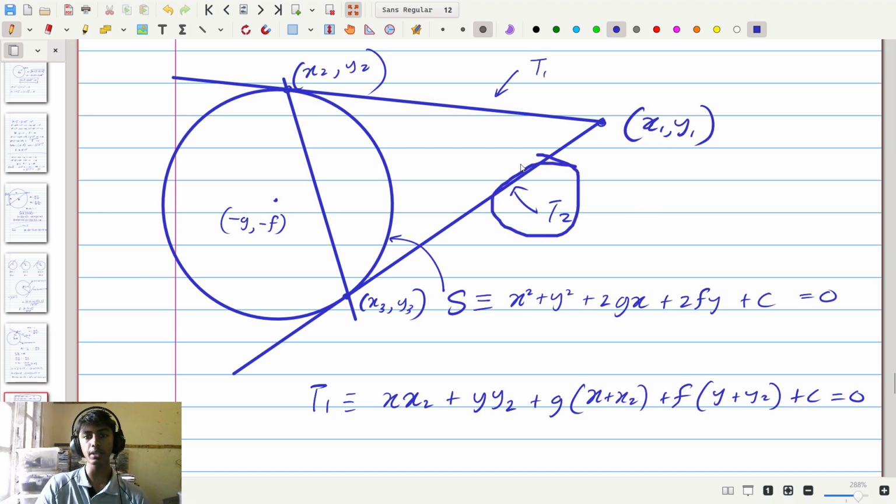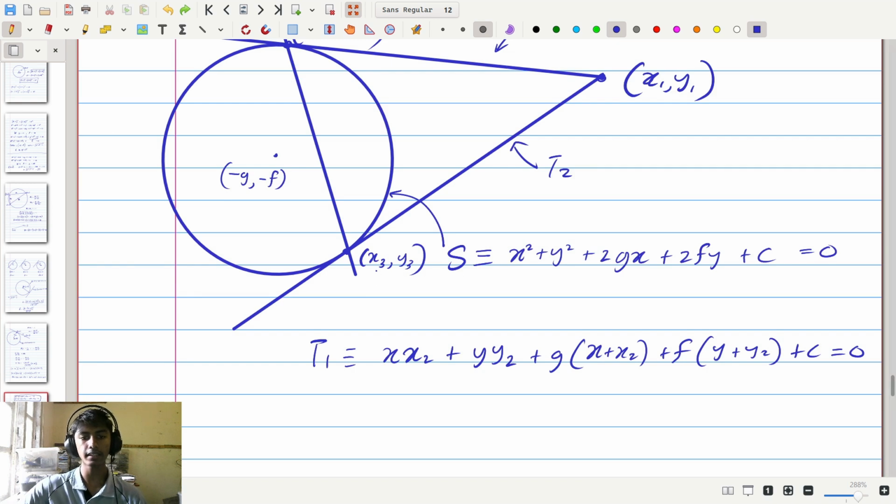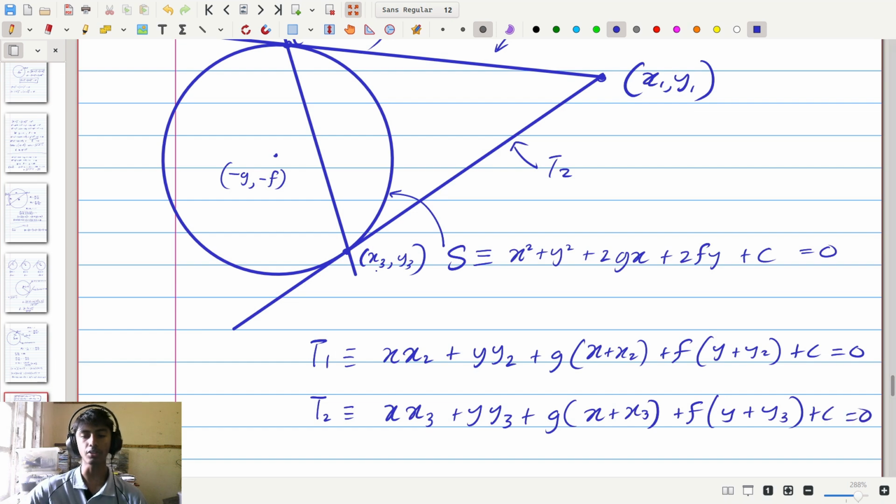Similarly, we can find the equation of the tangent t2 based on this coordinate here and write that the equation t2 is given by x times x3 plus y times y3 plus g times (x plus x3) plus f times (y plus y3) plus c equal to 0. These 2 equations are the equations of the tangents t1 and t2.